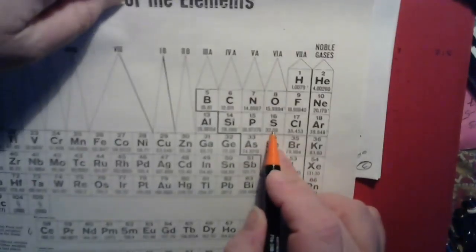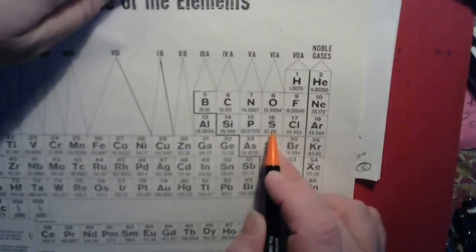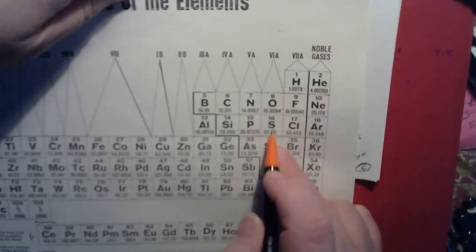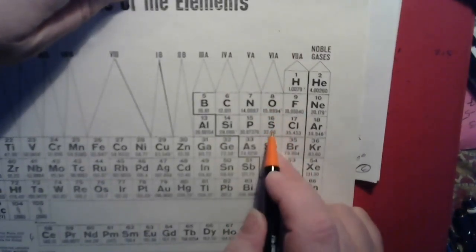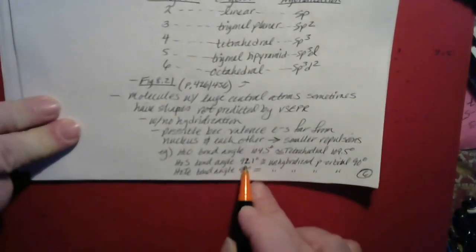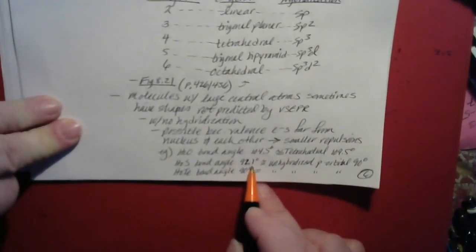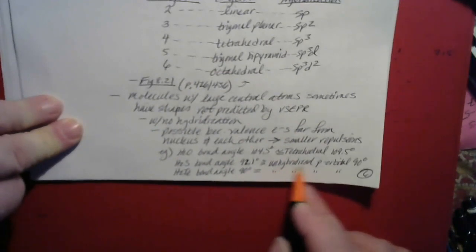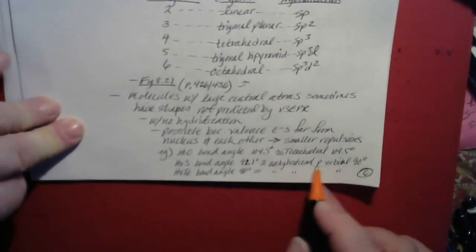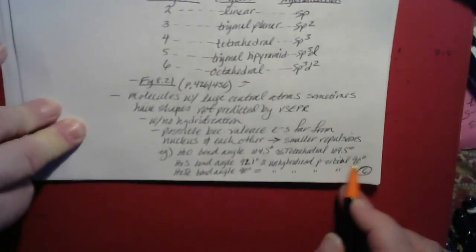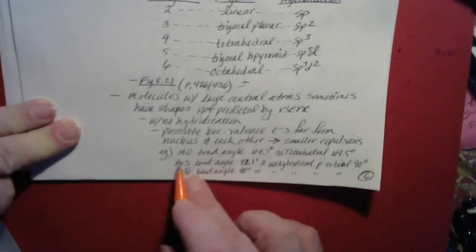H2S, that is if you form the same type of compound but with sulfur, which is right under oxygen in the periodic table, has a bond angle of 92.1 degrees, which is pretty close to the angle you would expect for an unhybridized p orbital, which is 90 degrees. So we've got practically no hybridization going on in H2S.